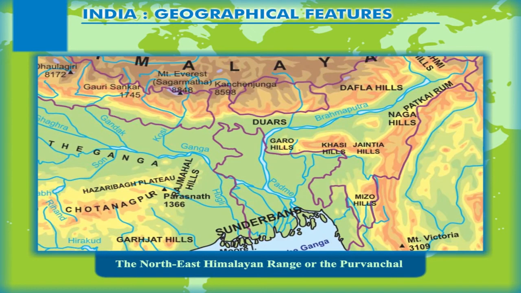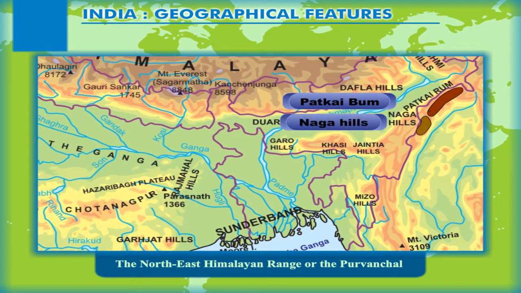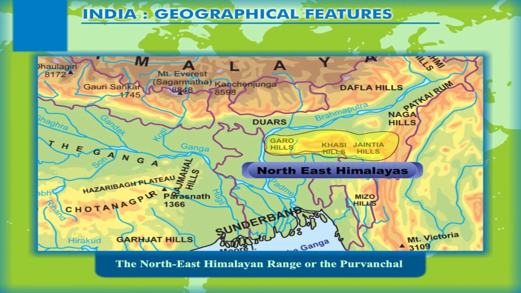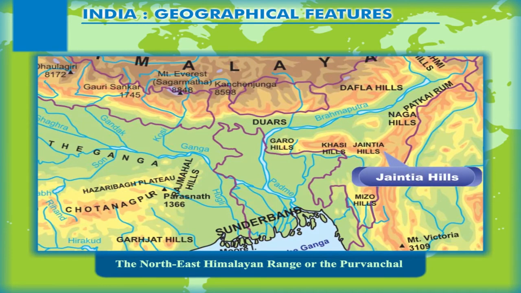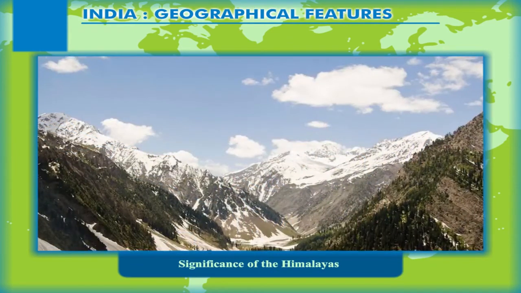The hills that form a part of this mountain range are the Patkai Bum, the Naga Hills and the Mizo Hills. The northeast Himalayas also extend along the India-Bangladesh border in the form of hills that extend in the east-west direction. Starting from the east, they include the Jaintia Hills, the Khasi Hills and the Garo Hills.